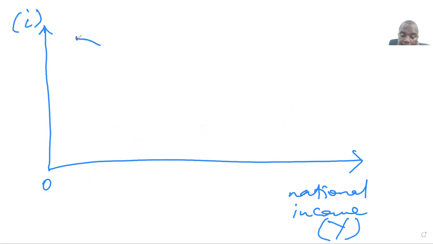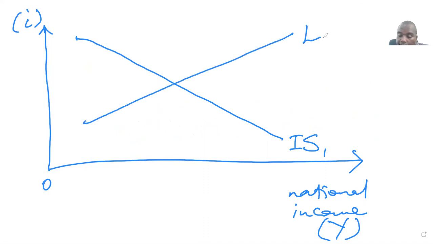So we start with the IS, which we draw as IS1. And then we go to the LM, which I will draw as LM1.